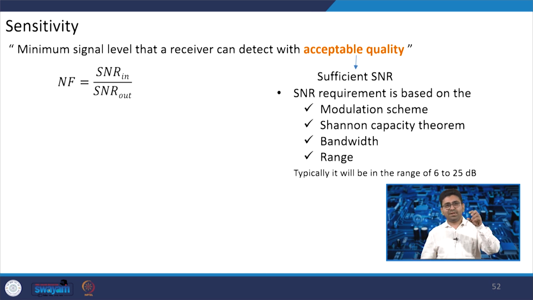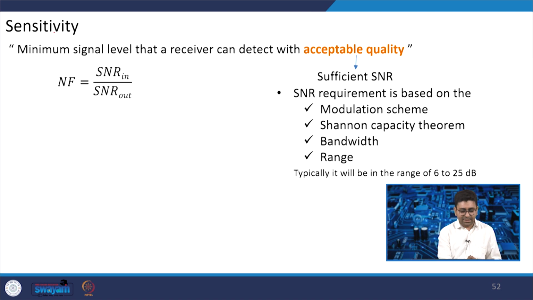At the receiver you are going to get a very weak signal and we should detect it. Currently our mobile can detect a signal around minus 100 to minus 110 dBm, which is around a microvolt. That is a very small, weak signal that a receiver can detect.